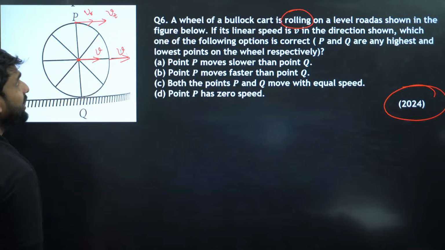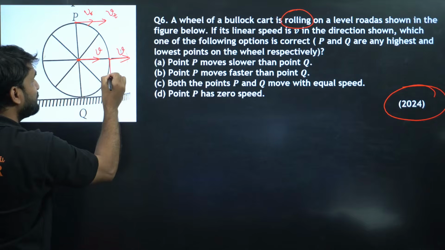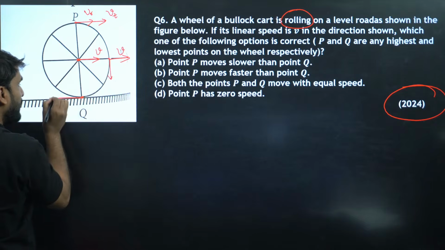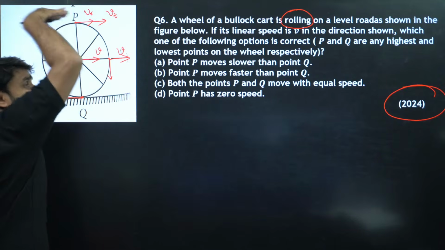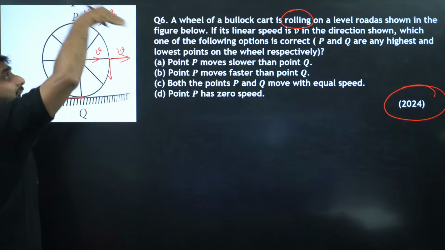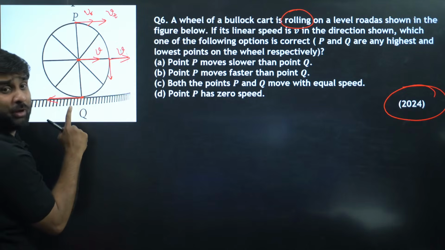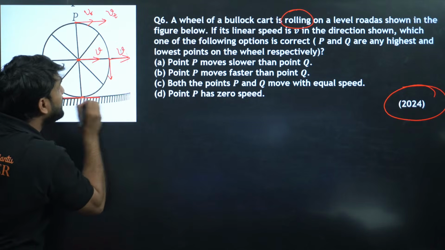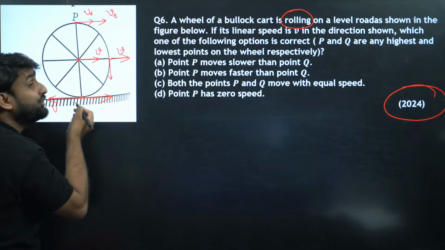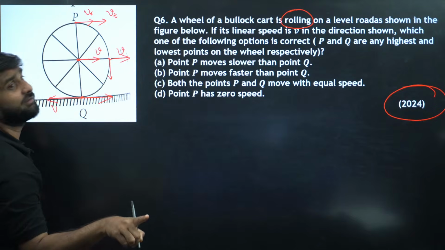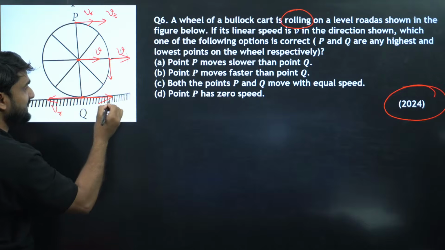As you move to this point, the particle tends to go in this direction, and at the bottom point the particle will go in this direction. So at the highest point, the translational velocity and the rotational velocity are in the same direction. But at the lowest point, the translational velocity goes in the forward direction, and the angular velocity due to rolling goes in the backward direction.